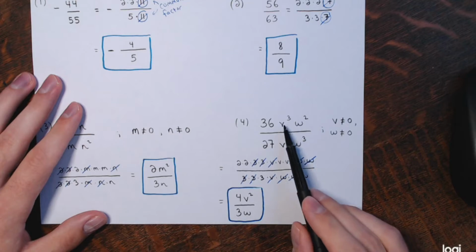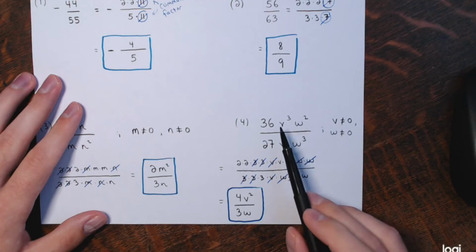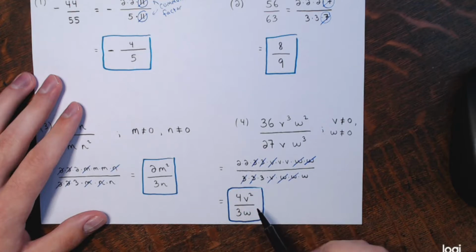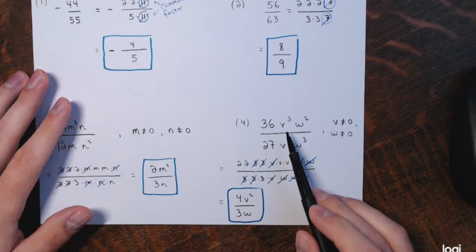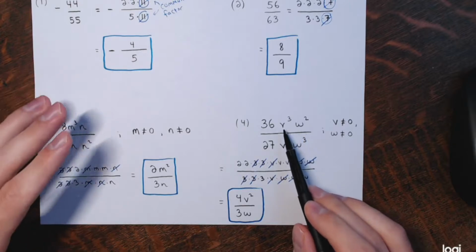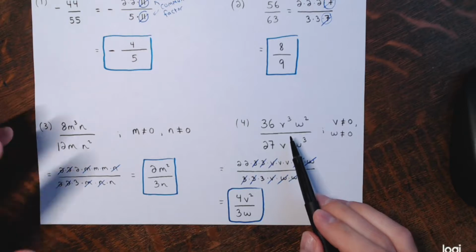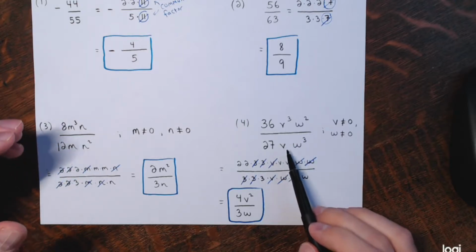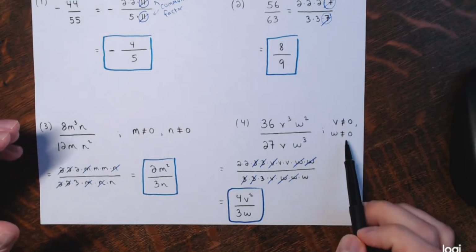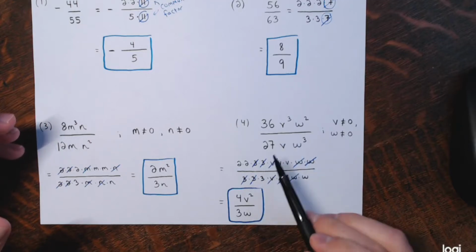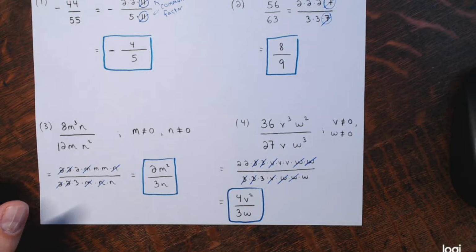If I replace v with 1 and w with 1, you'll have 36/27 is equal to 4/3, which is true. But again, it doesn't have to be v is 1 and w is 1. v could be 20 and w could be 3/5. You could replace v and w with any numbers you wanted except 0. And these two expressions should have the same value.